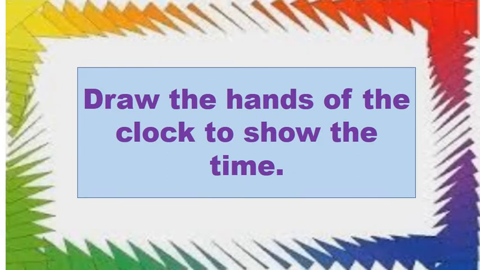Write the instruction, everyone. Draw the hands of the clock to show the time. Now, first of all, we have to draw the clock, and then as per given time we have to draw the hands in that clock.